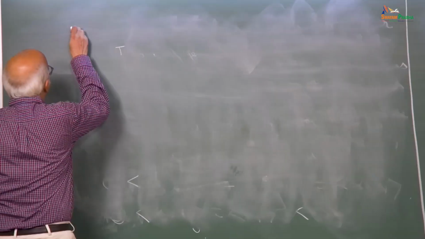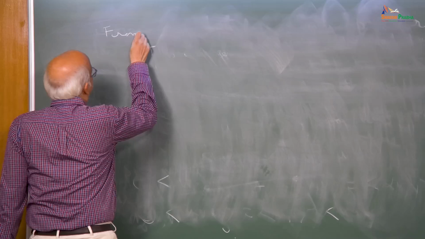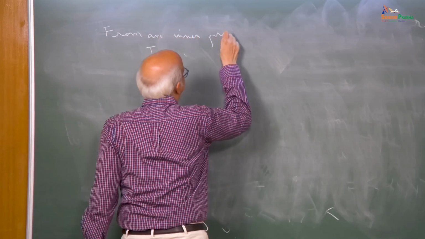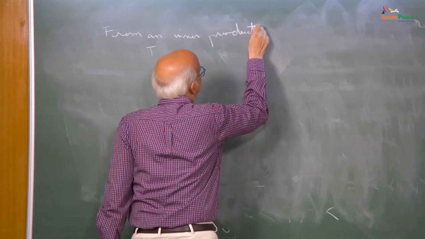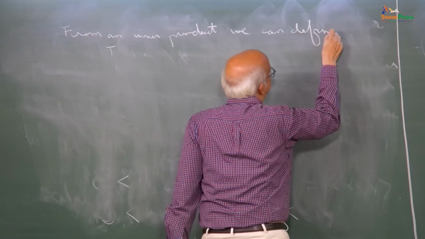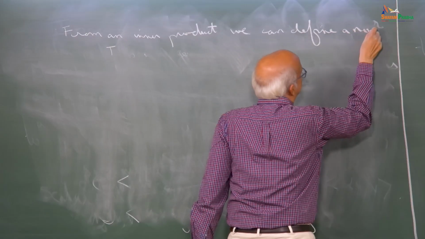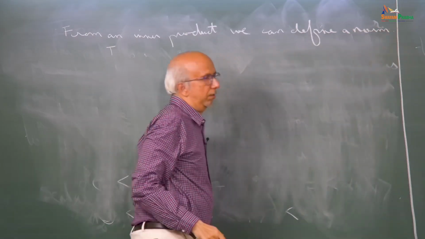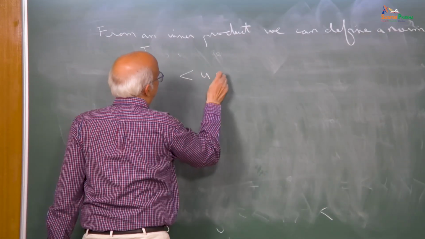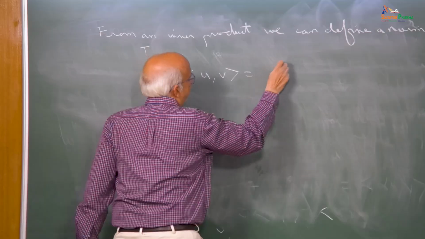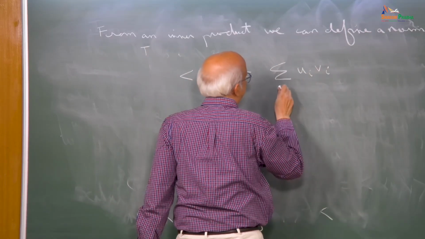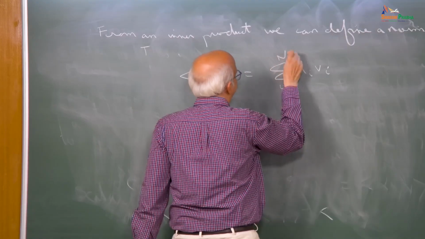So, from an inner product, we can define a norm. Okay. So, inner product of u comma v is, we said, sigma ui vi, i equals 1 through n.